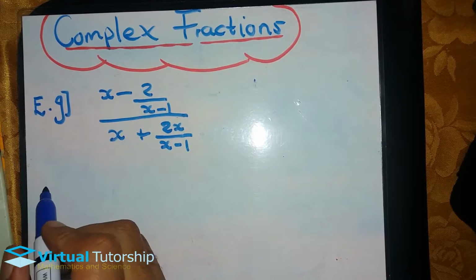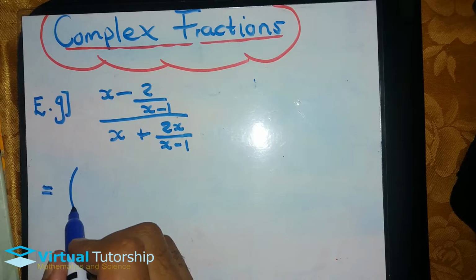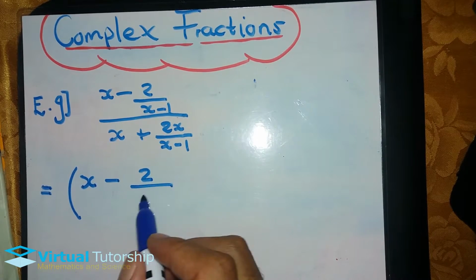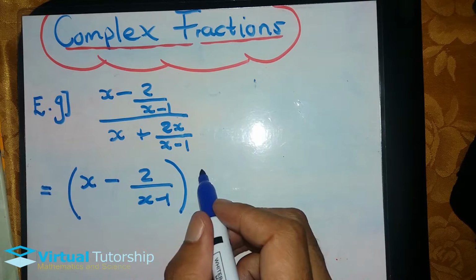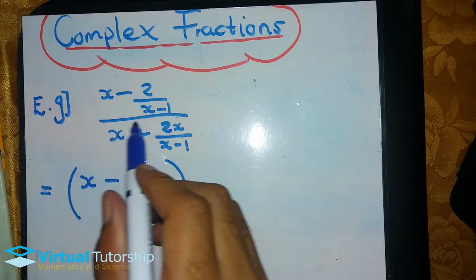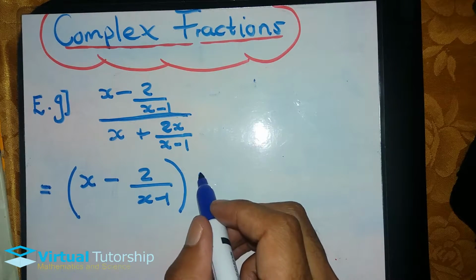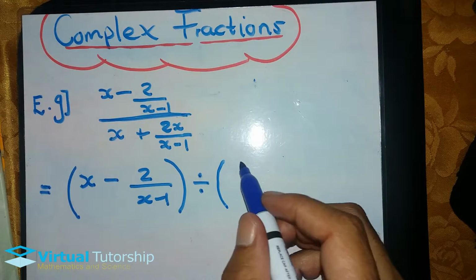So you say equal to, the numerator you write as it is, which is x minus 2 over x minus 1, you put it in brackets, and then you remove this line, which represented the division sign, and write the normal division sign we are used to.